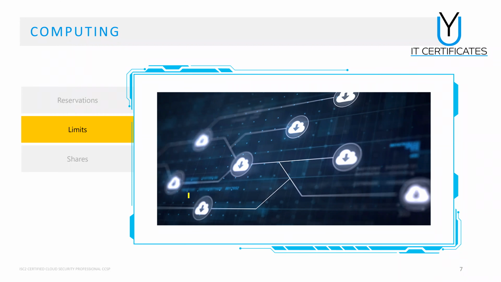So point number 1: to protect against any hacker, or maybe a bug in an application, which requires resources and increases to very high limits, whether it is bad intention or good intention.